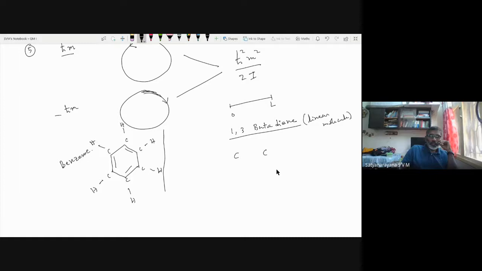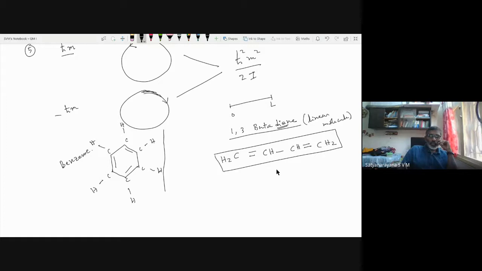So we have 4 carbon atoms, and then diene means there are 2 double bonds and they are at 1 and 3 positions. So we have a double bond here and a double bond here. This is the IUPAC nomenclature, and this has a single bond. Now each carbon has 4 valence electrons, so there can be 2 hydrogens bonded here and only one here, and 2 here. So this is the chemical formula for 1,3-butadiene.